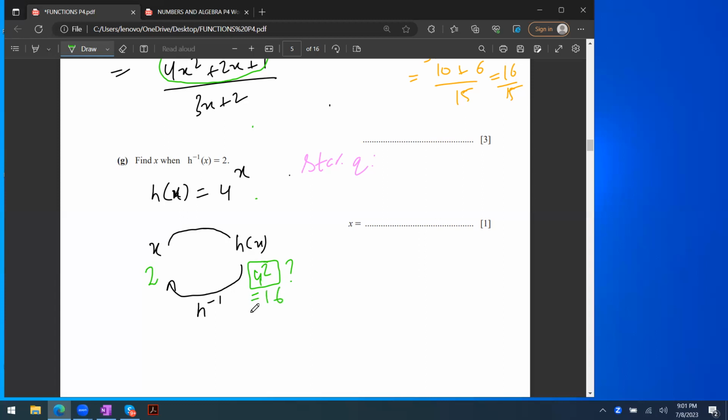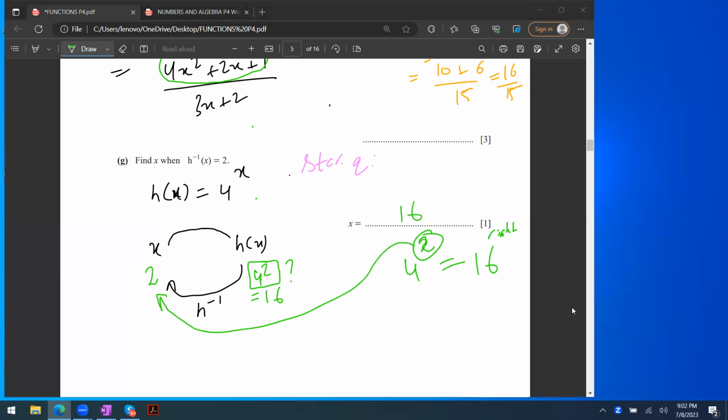See again, the h inverse of x, that means when the answer is 16, what was the x value? 4 raised to power what? 4 raised to power 2 is 16. All right, 2 is the x value. 2 is given already. What was on the right side? It was 16. So the answer is 16.